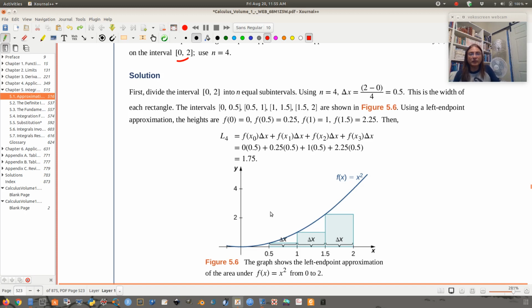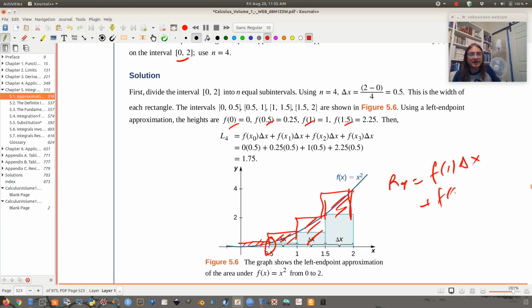On the other hand, if you want to do the right-hand approximation, you'll take this value for this area, this value for this area, this one here, and this one here. So instead of f(0), f(0.5), f(1) and f(1.5), we'll take f(0.5) delta x plus f(1) delta x plus f(1.5) delta x plus f(2) delta x. These are x1, x2, x3, and x4, so not x0.